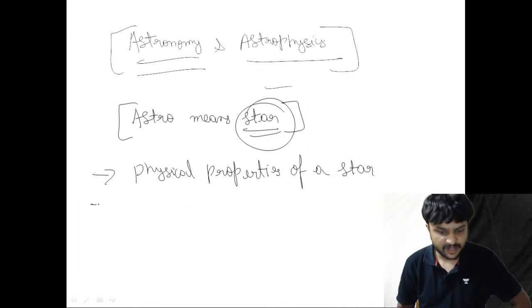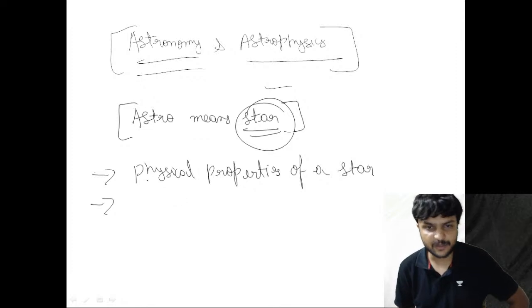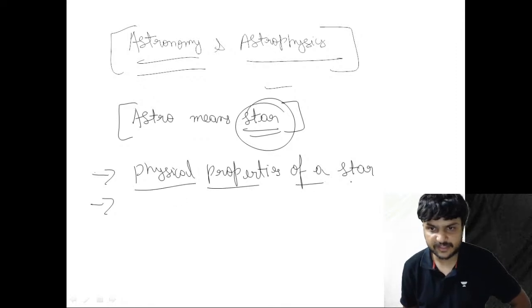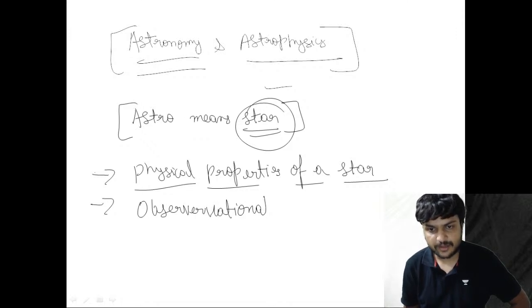There are many physical properties which we will go through one after the other. So, physical properties of a star to begin with. Then observational techniques: how do we observe these things, and what observational techniques are we going to use to understand them in detail?